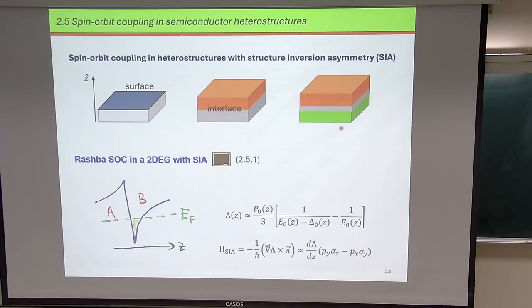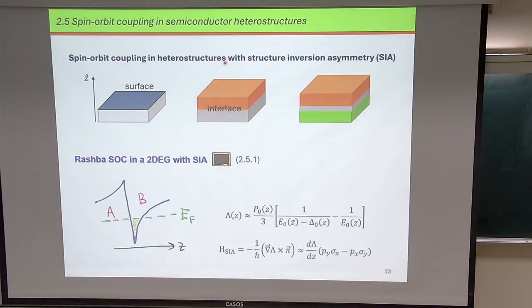All right. So how to break the inversion symmetry? Apart from the inversion symmetry that you have from the structure of the material itself, you may also break the inversion symmetry by engineering your structure.